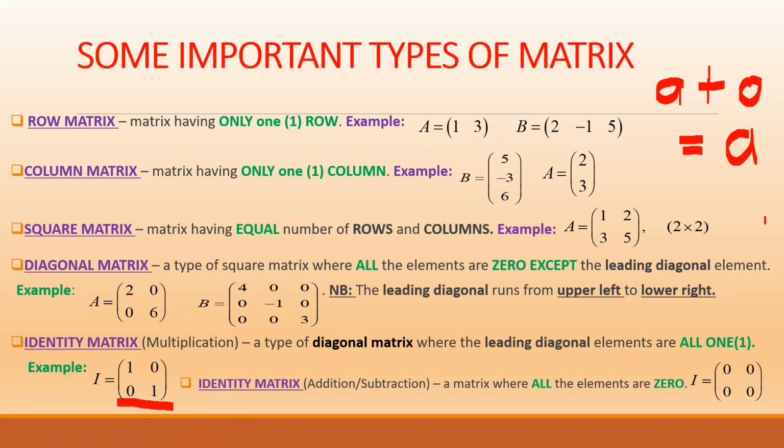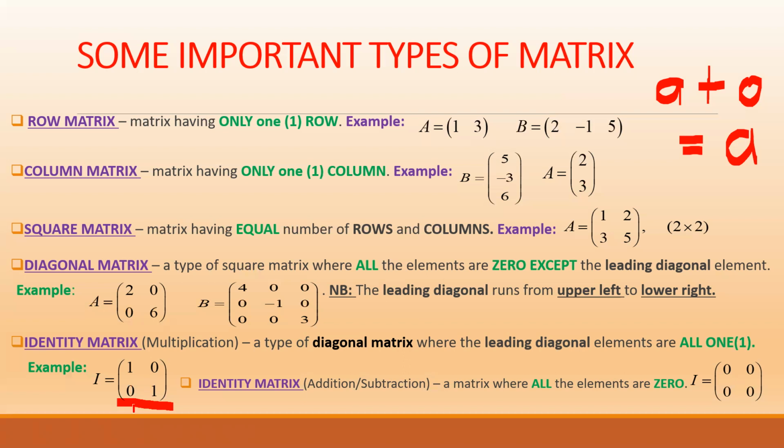It's the same kind of thing with matrices. If we have the identity matrix for addition or subtraction and we add that to a known matrix, the result will be the known matrix. And for multiplication, this matrix here, 1, 0, 0, 1, is a square matrix, which is the identity matrix for multiplication.